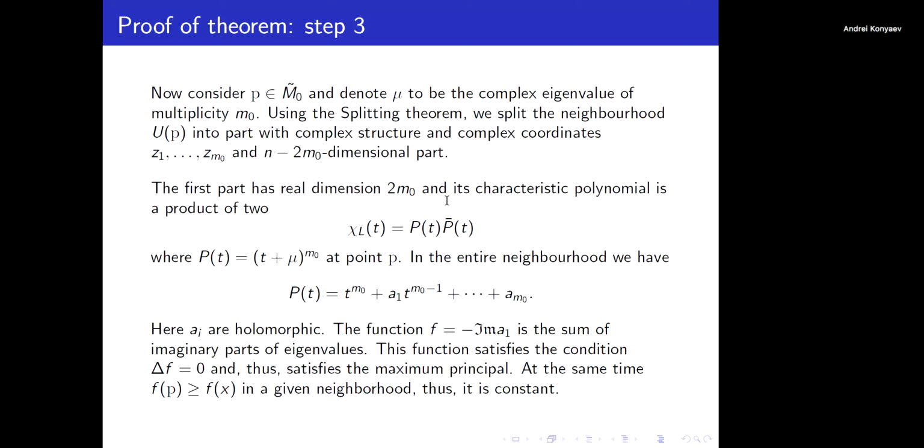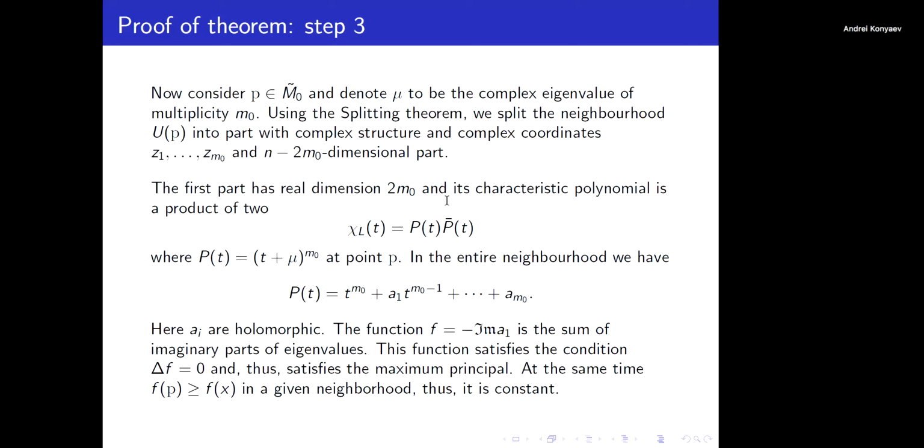Well, we apply the theorem. What we know from the previous one is that if we take a point and look at its characteristic polynomial, the eigenvalues with the highest multiplicity stay with the highest multiplicity in some neighborhood, and our polynomial splits into the characteristic polynomial that corresponds to these complex eigenvalues.